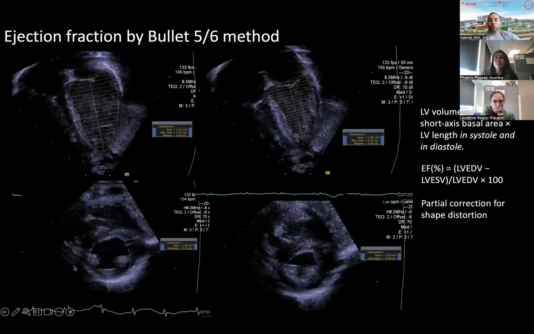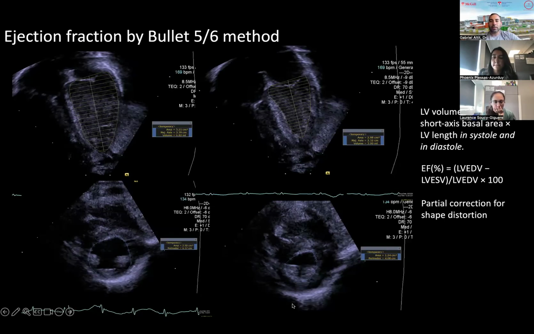It's been designed to be used in the subcostal view. So you get a short axis subcostal view, but many now will use the short axis parasternal view to do the same thing. So you go to the mid papillary area, you trace at the end of diastole, you trace at the end of systole, and you get the area. So here you see the area is 2.92 centimeters squared. The area is 1.24.